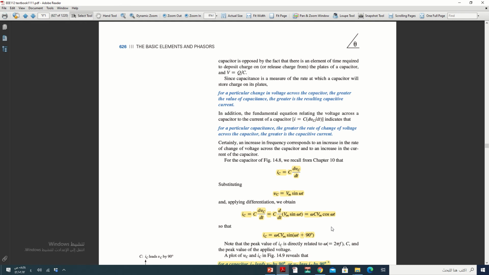Similar to the inductor, we have the formula IC equals capacitance multiplied by the derivative of the voltage. And we know that VC equals Vm sine omega t.